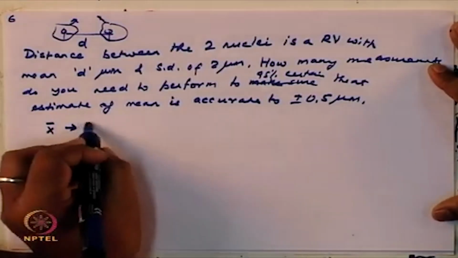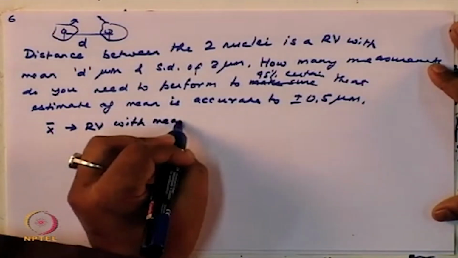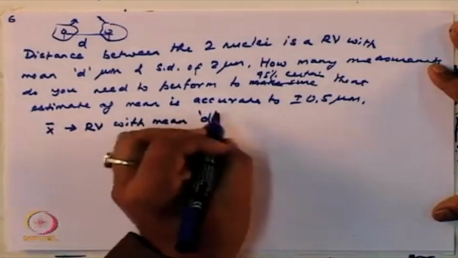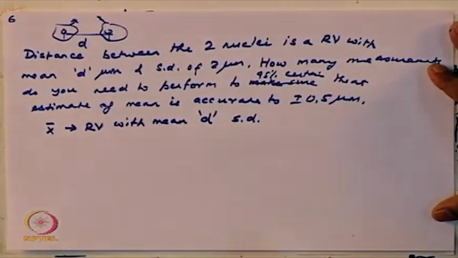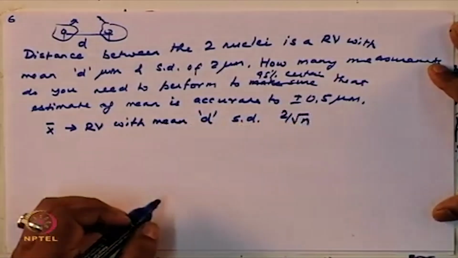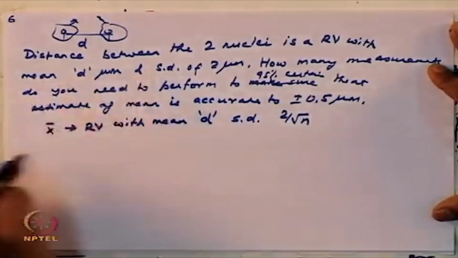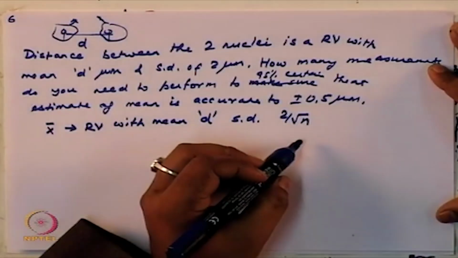This is a random variable with mean equal to d and standard deviation of 2 by root of n, where 2 is the standard deviation of each of these.